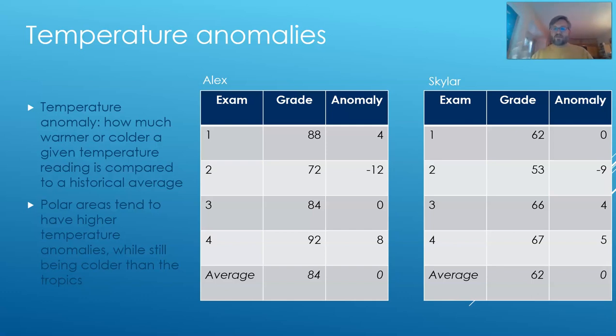What's the temperature anomaly for particular locations on the Earth? We tend to find that polar areas, areas near the North and South Poles, tend to have larger temperature anomalies. They've gotten warmer relative to their long-term average, whereas more tropical areas have not warmed to the same degree relative to their long-term average. But that doesn't mean that the poles are warmer than the tropics. The poles are still colder. They've just warmed up more than the tropics have.